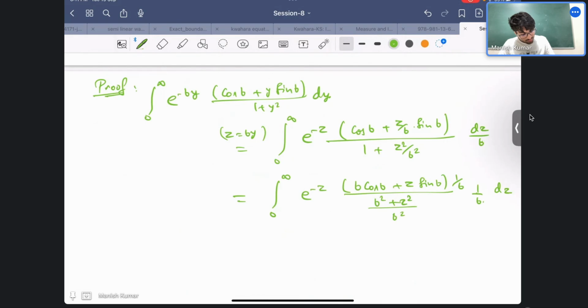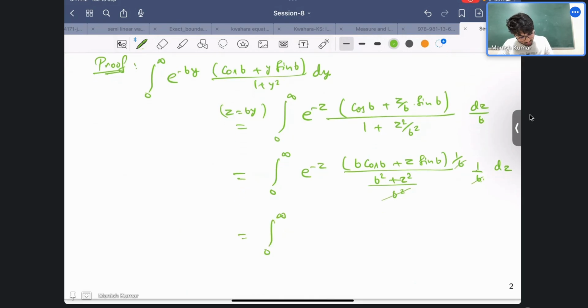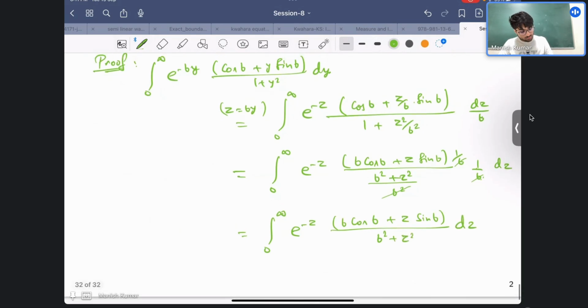So you'll have the integral from 0 to infinity of e to the minus z times b cos b plus z sin b over b square plus z square dz, right? Now you have to make sure that this goes to 0.